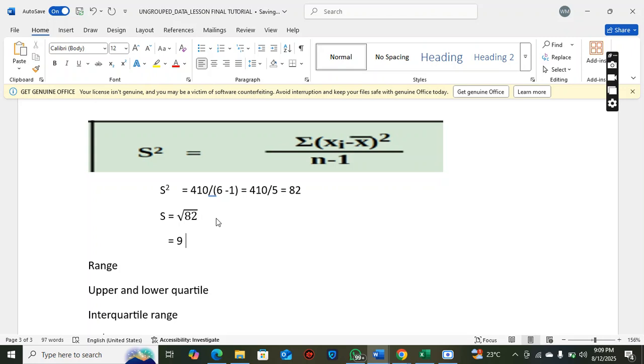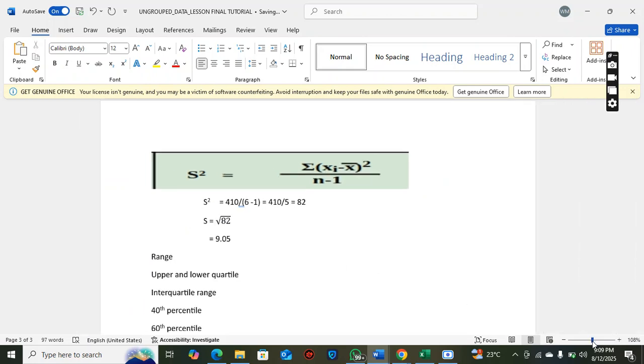Okay, then you can just leave it as 9.0 or 9.06. Any questions, colleagues, on the standard deviation?